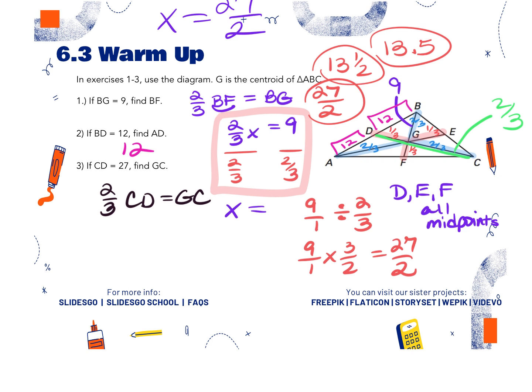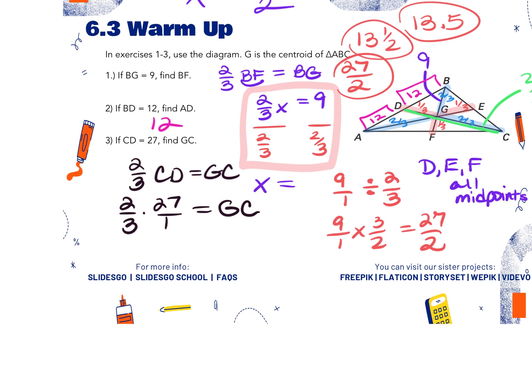And CD is what was given to me, so 2/3 times 27/1 is going to give me the length of GC. I like to simplify diagonally, so I'm going to change my 3 and 27: change this to a 1, change this to a 9, and then 2 times 9 is 18, and 1 times 1 is 1. So the length of GC is 18.